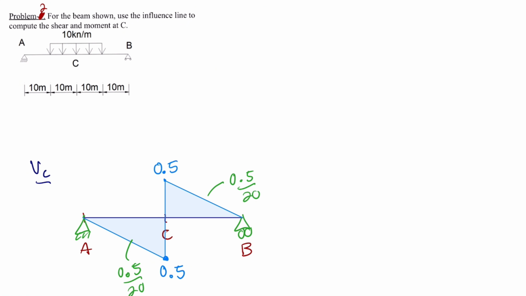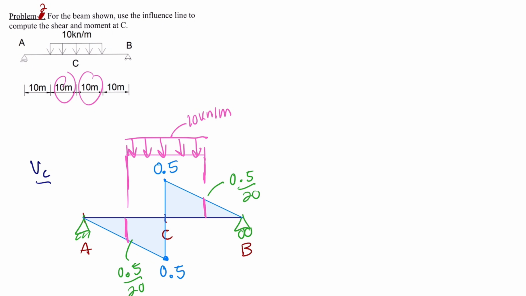So now we can go ahead and draw the uniformly distributed load on the diagram. We see that it's 10 and 10, so it'll be halfway through this line and halfway through this line. It will look something like this, and this is 10. Then we can keep drawing the line here so we can visually see it.